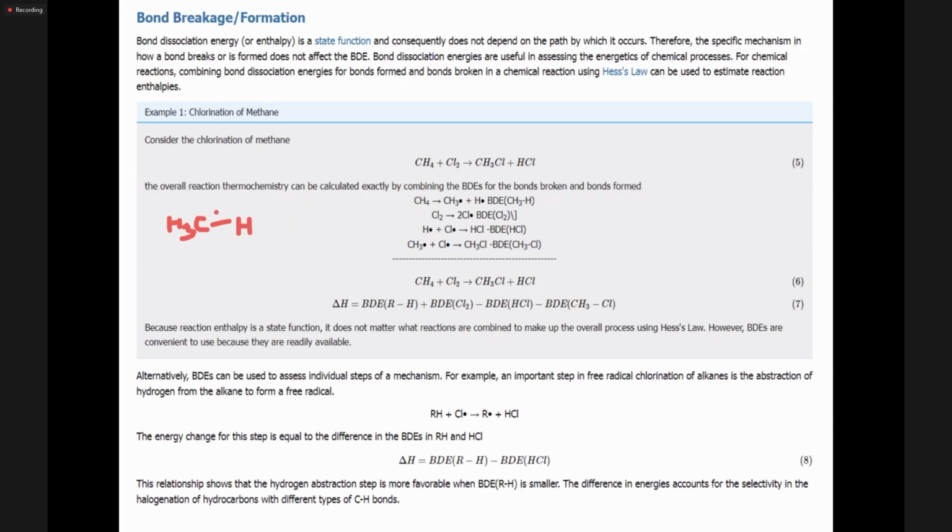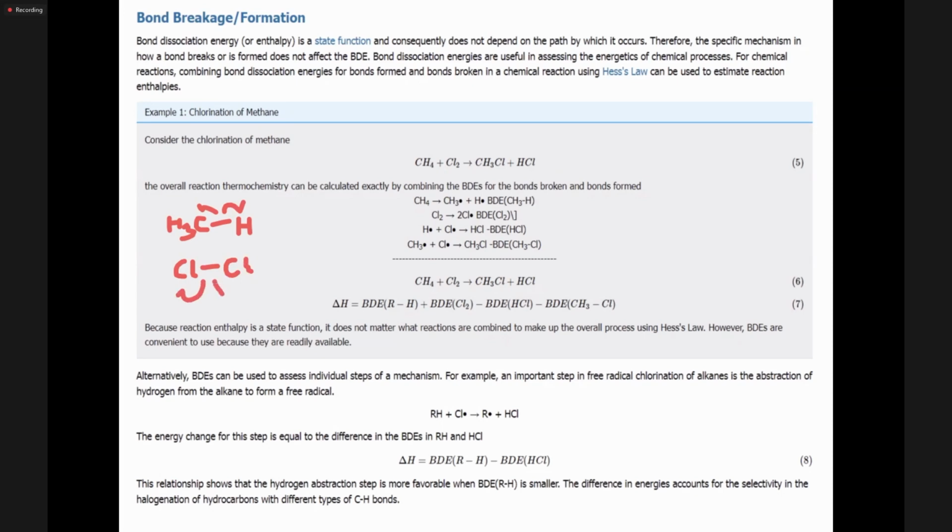In methane, if we cleave the bond just like this by single electron transfer on both the atoms, on carbon and on hydrogen, we will have the methyl radical and the H dot radical. So we have these two radicals. Also, we have a reagent Cl2. So Cl2 bond breaking will be Cl2 to 2 Cl dot, so we will consider the BDE of the Cl2. So we have a Cl and we have another Cl.